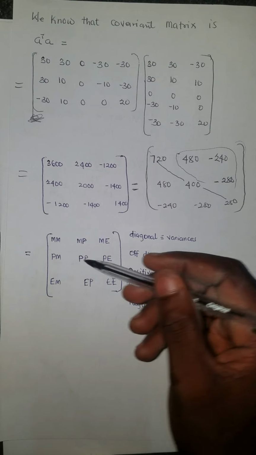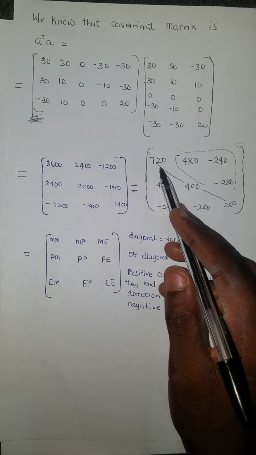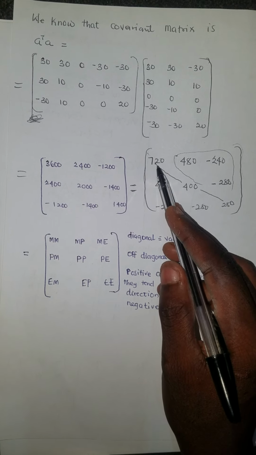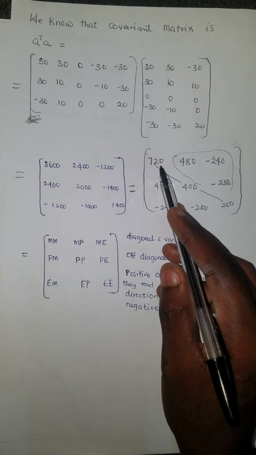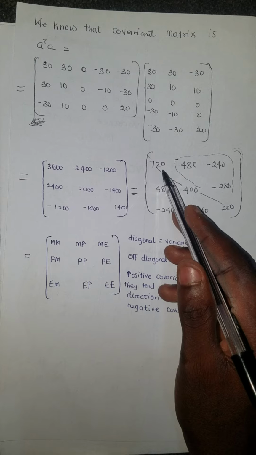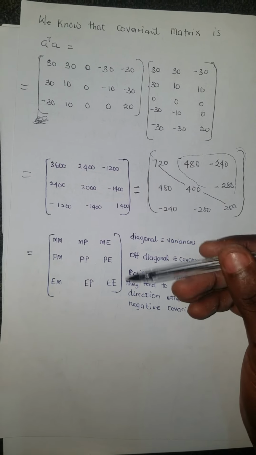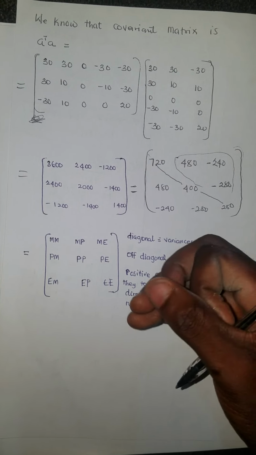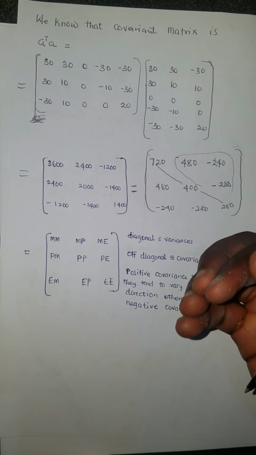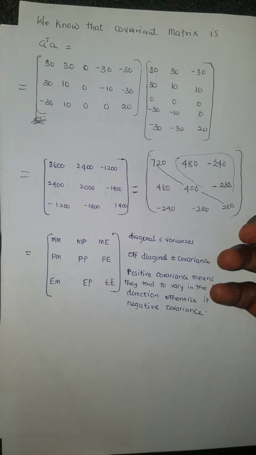So the first entry in the leading diagonal is 720. Covariance is just a type of variance which is multiplied by another variance.